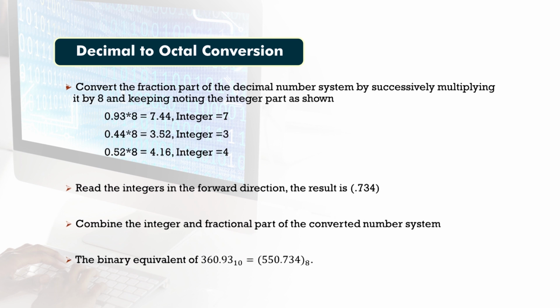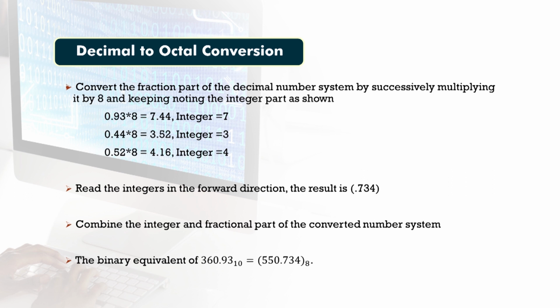Now the fractional part we have to convert. How do you convert the fractional part? We successively multiply by 8 and keep noting the integer part, as shown here. We first multiply the fractional part by 8, you get 7.44. We keep the integer, that is 7.